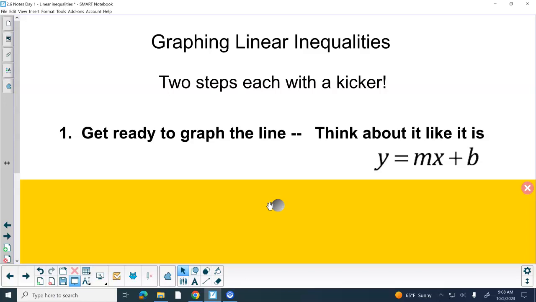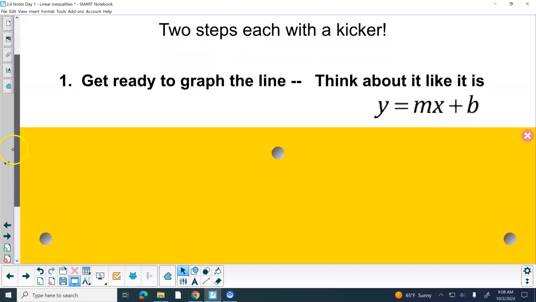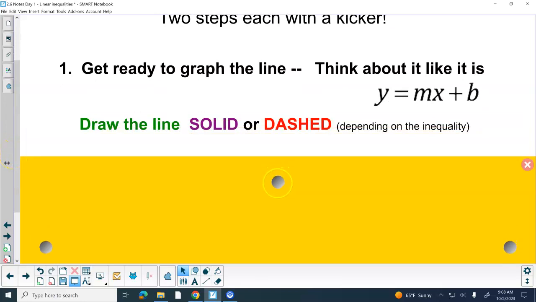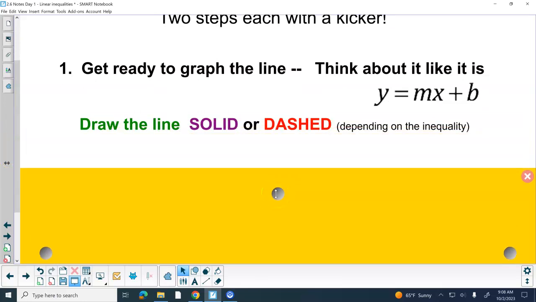Kicker number 1 is the line that you graph on your paper, and this is important, is going to depend upon the inequality. Okay? It's either going to be solid or dashed. It will be solid if we have the equals component with it. It'll be a solid line.